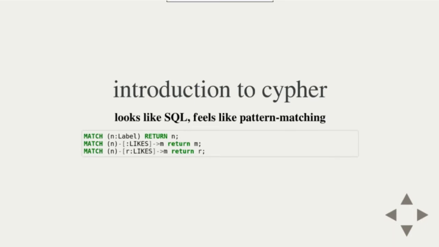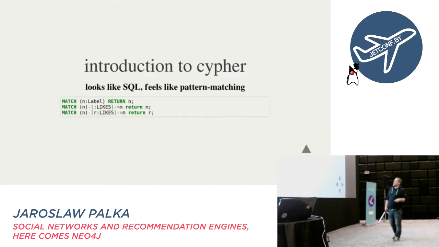So basically, the first one is really simple. Find me all nodes which have a label, whatever the label is, and return it. It's simple. The next one is pretty fancy. Find me two nodes, one node and second node, which are connected with a relationship of type likes. Okay? The third one is stupid.